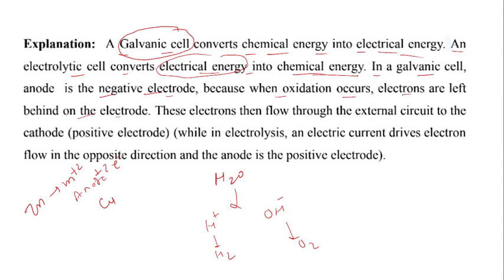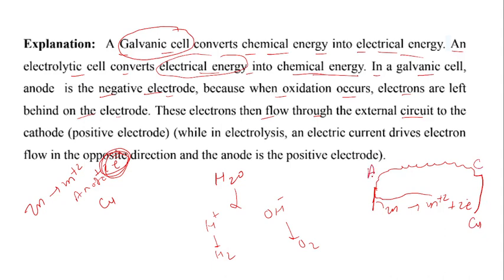These electrons then flow through the external circuit. Suppose this is the zinc electrode; zinc will be converted to Zn2+ and give 2 electrons. These 2 electrons travel through this wire and finally move to the copper. This is the anode and this is the cathode, so electrons flow like that, through the external circuit to the cathode.